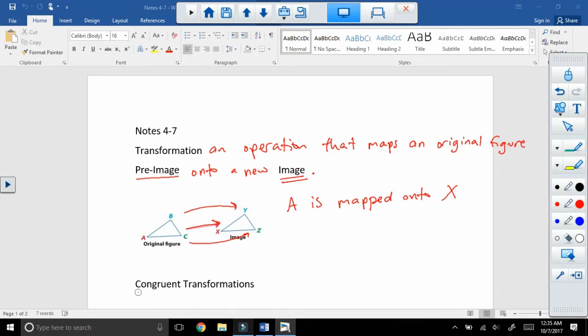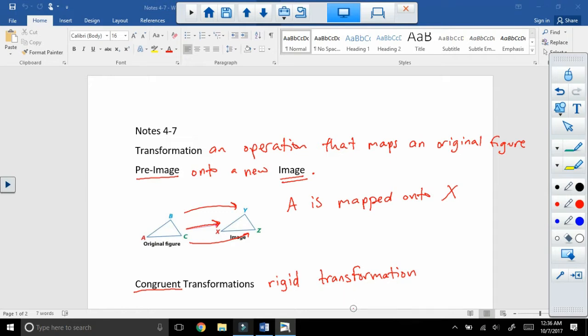All of the transformations we're going to look at today are congruent transformations. Some other words for those that you may see are rigid transformations, meaning that none of those sides are changing length or none of those angles are changing measure.